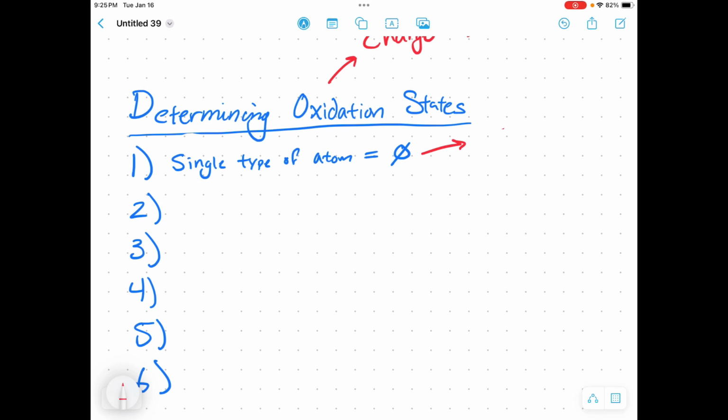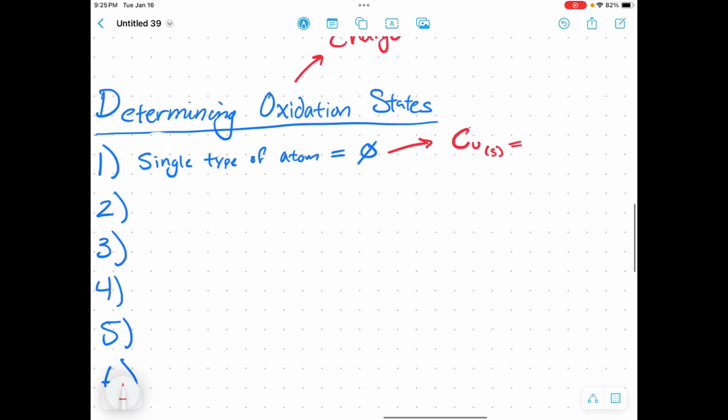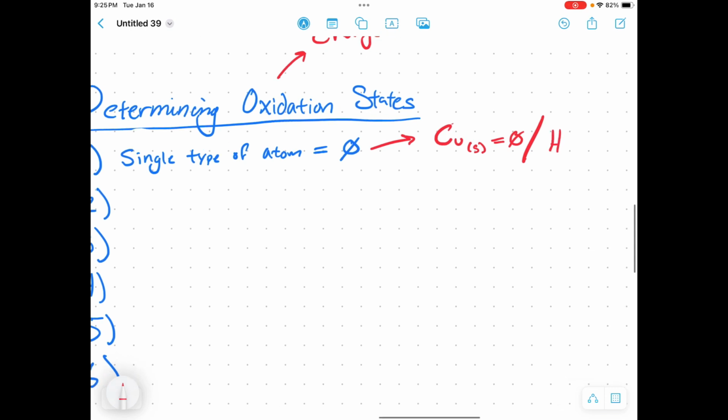First way is if you have like a single atom by itself. So if you have any metals, so maybe like copper metal, it'll be by itself, so it'll be neutral, no charge. Another thing you might see is something like a noble gas. So maybe something like helium. Again, not bonded to anything, so neutral, no charge.